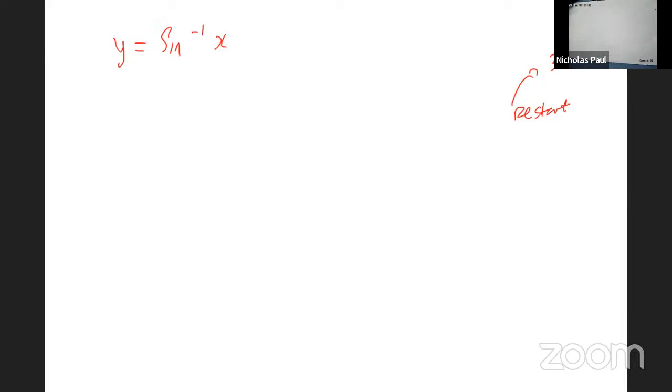Sine inverse x is not the same as 1 over sine x.